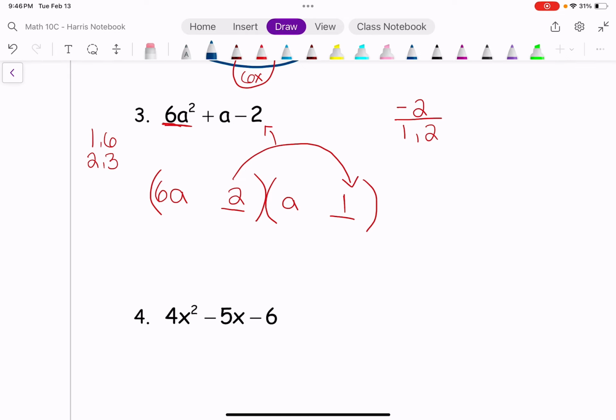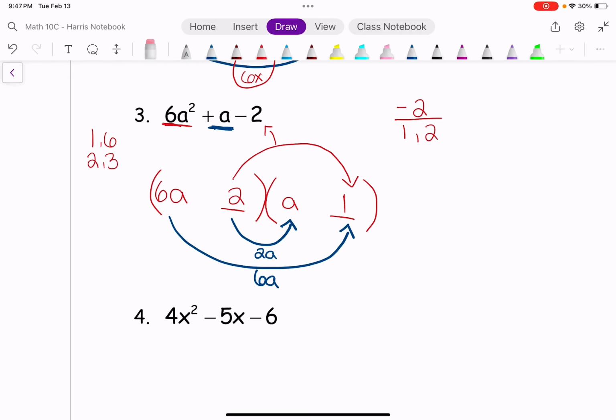When I'm breaking that down, I also have to think of my numbers here. 6a times 1 is going to be 6a. 2 times a is going to be 2a. Does 2a and 6a, even with one of those being negative or positive, equal a plus 1? Nope, that doesn't work.